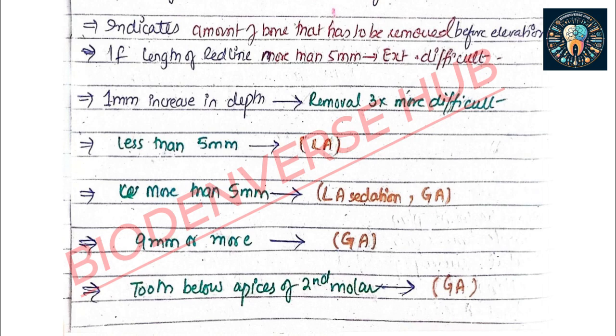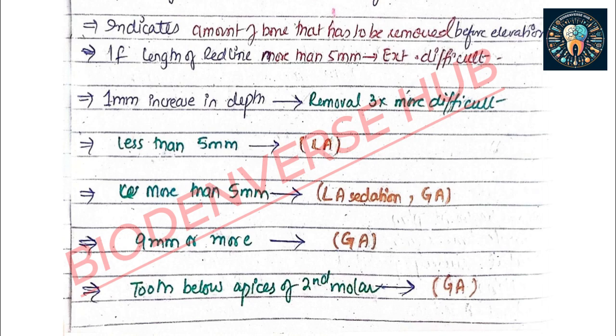If it is more than 5 mm, then you can carry it out under local anesthesia with sedation or general anesthesia. If it is more than 9 mm, then definitely we will go for general anesthesia. Or if the tooth is below the apices of the second molar, in that case also we have to conduct the case under general anesthesia.